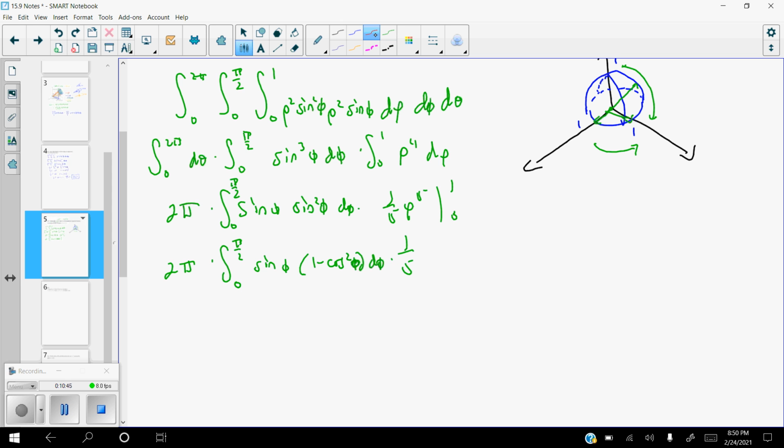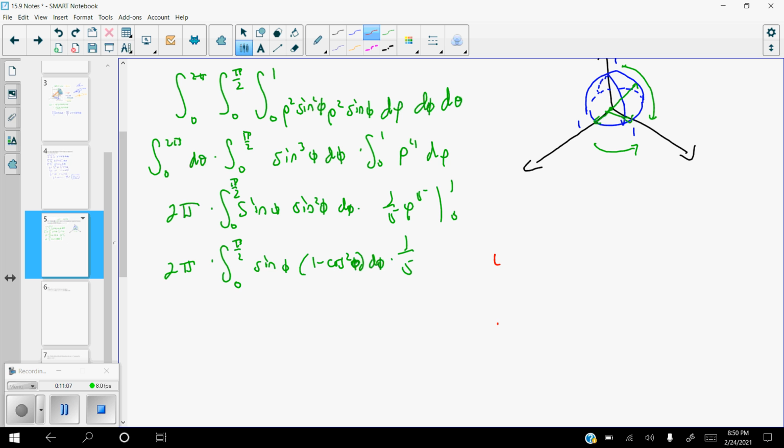Well, now what we need to do is a U substitution. The most composited piece here is actually cosine of phi. Technically, 1 minus cosine squared is a composite piece because it's within that parentheses, but cosine phi is even more composited because of the fact that it's squared.